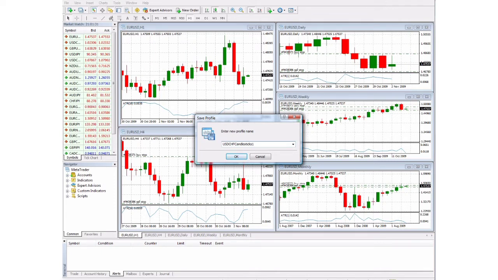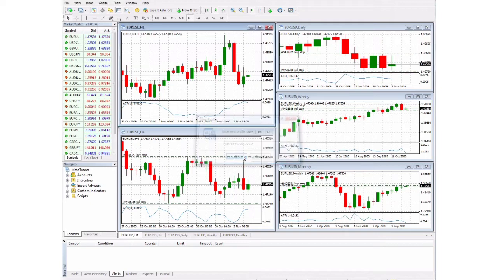Okay, so just name your profile the same way, just like that. Now here's what we're going to do. We want to use a different currency pair, and we're going to use the US dollar Swiss franc. But we're going to have the same kind of profile setup here. So here we go.